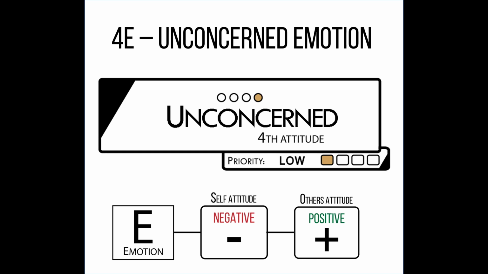Because you can be unconcerned, the unconcerned attitude, but still an intelligent person. Or you can even still be an emotional person as a 4E. But the thing is, you're going to look for outside source for the information regarding that. Because you don't take your own seriously. Anything that originates from within, you're going to kind of shove that down and you're going to look outside.